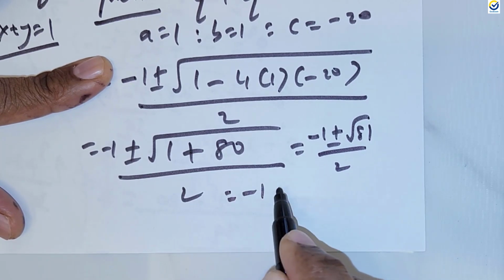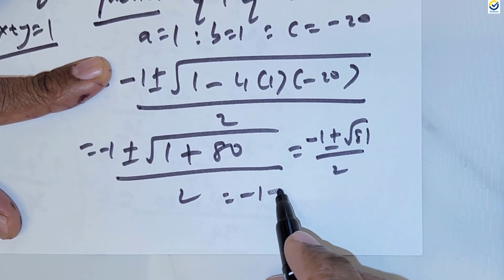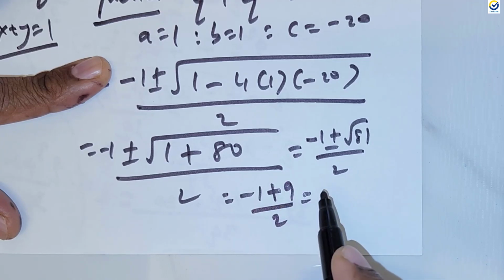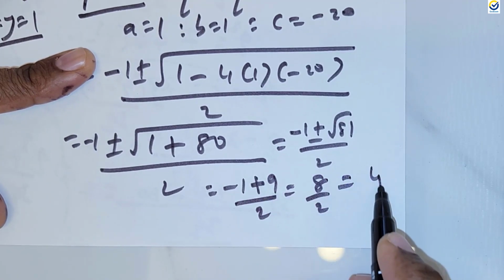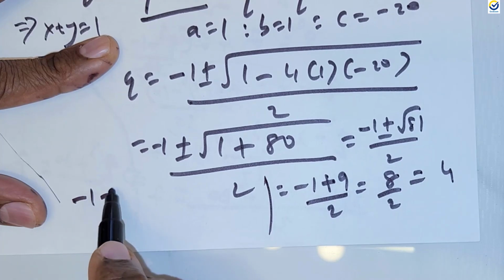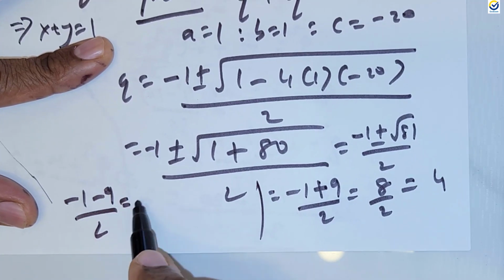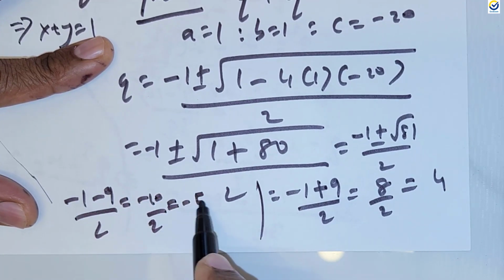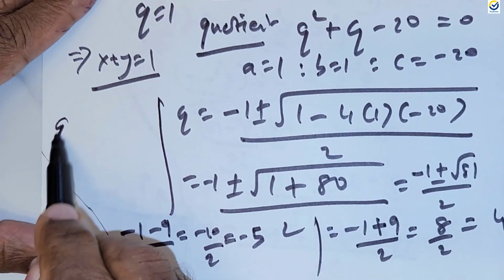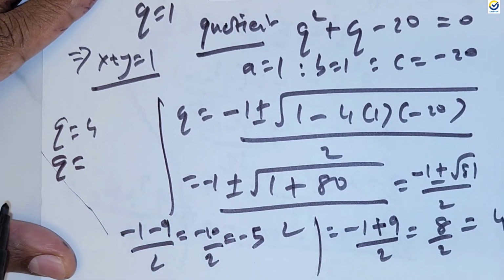There are two roots here. Root of 81 is 9. So negative 1 plus 9 gives 8 over 2, which is 4. And the other one, negative 1 minus 9 divided by 2 gives me negative 10 over 2, which is negative 5. So the roots are q is equal to 4, q is equal to negative 5.